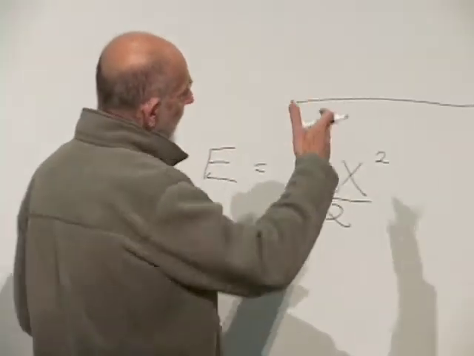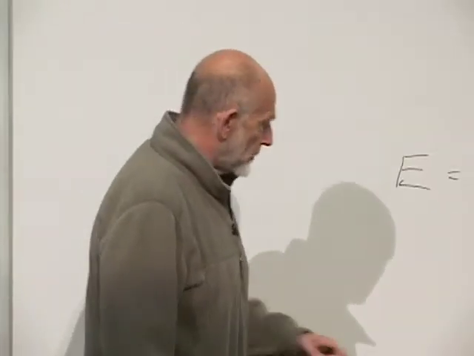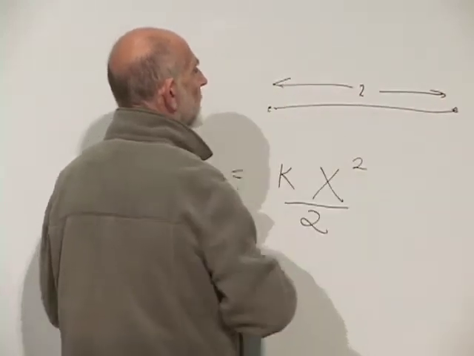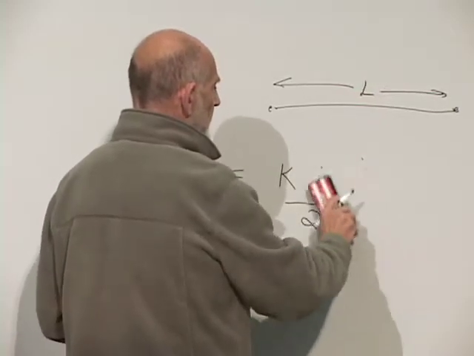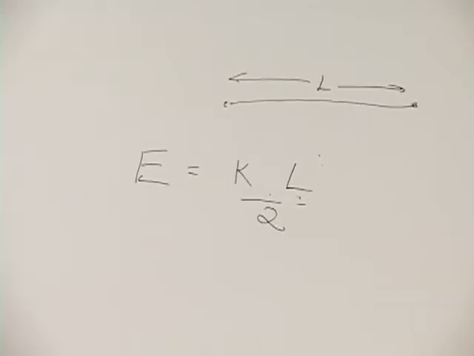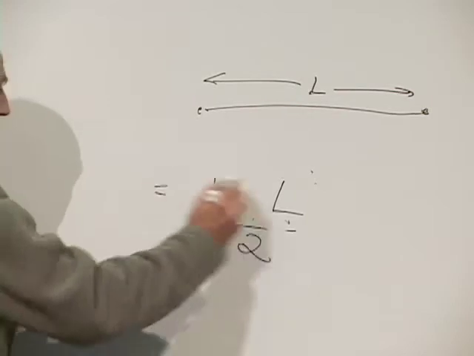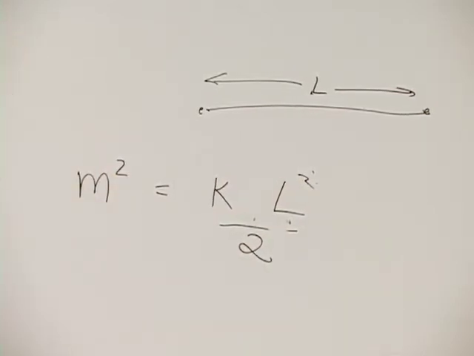We're looking at a string that's going down the z-axis like this. It's been stretched to a distance L, this becomes L squared, and we've identified the energy with the square of the mass, L squared. There is some spring constant.